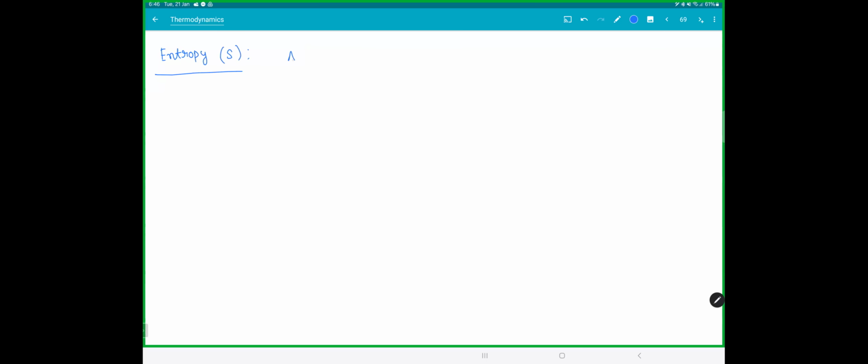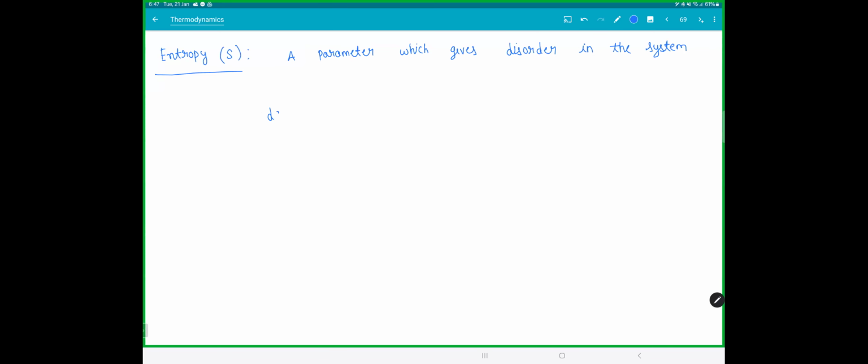It's a parameter which gives the disorder in the system. So in chemistry, there's something called Gibbs free energy and all that stuff, and we don't have that.